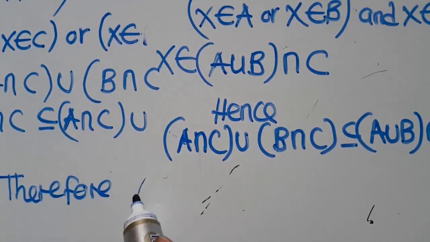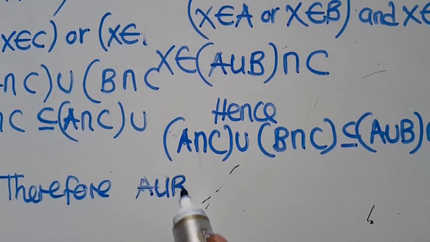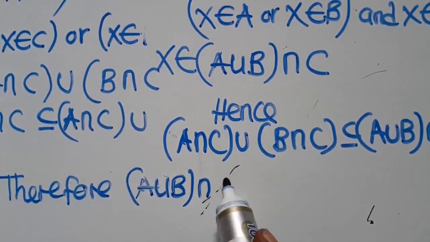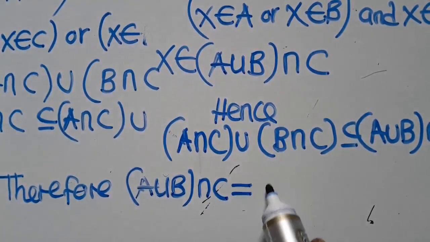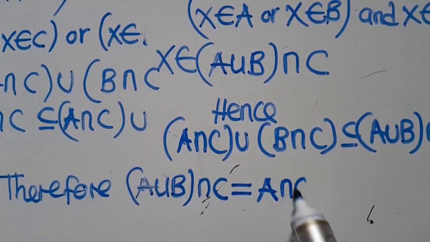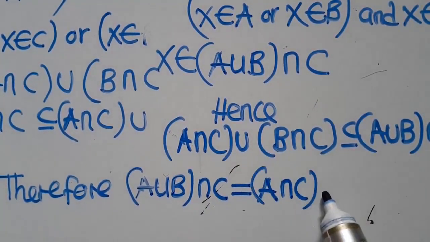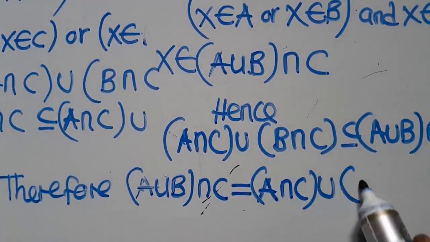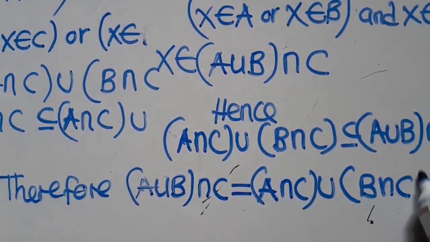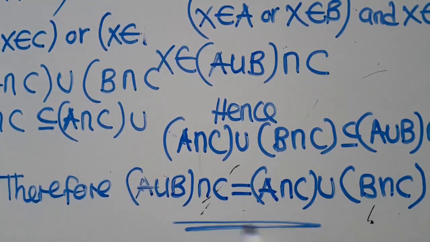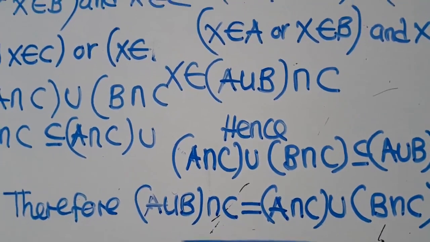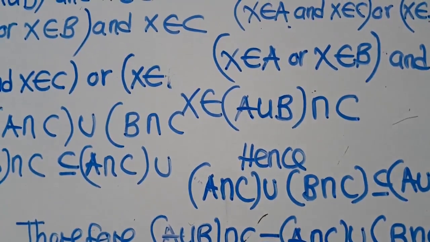Therefore, A union B intersection C is equal to A intersection C union B intersection C, like this. Hence proven. This is how you need to prove, and these are steps that you need to get.